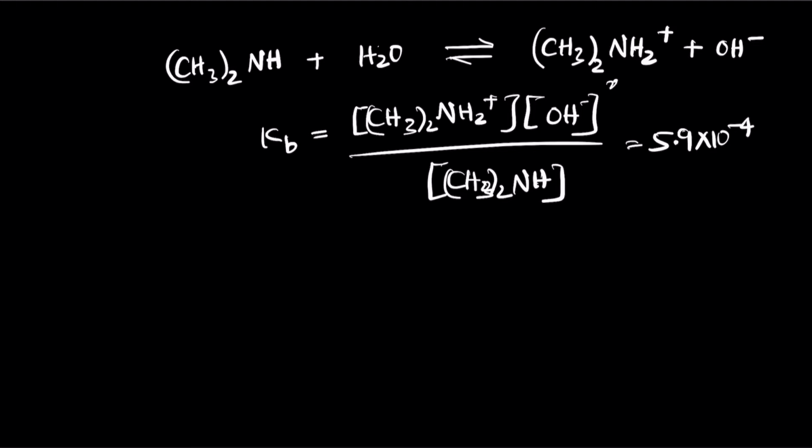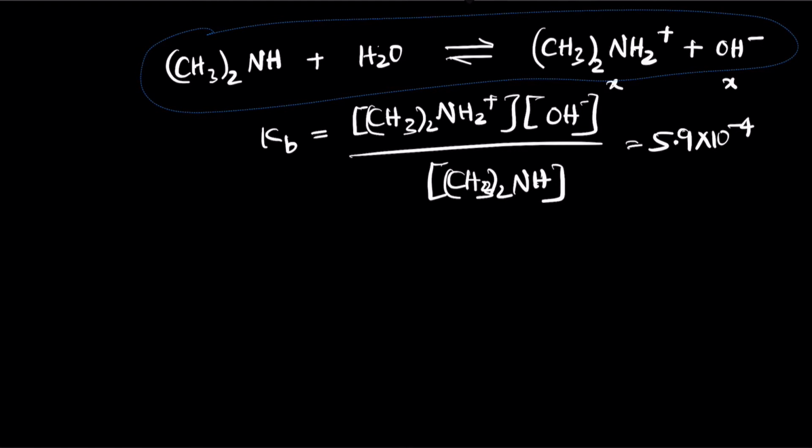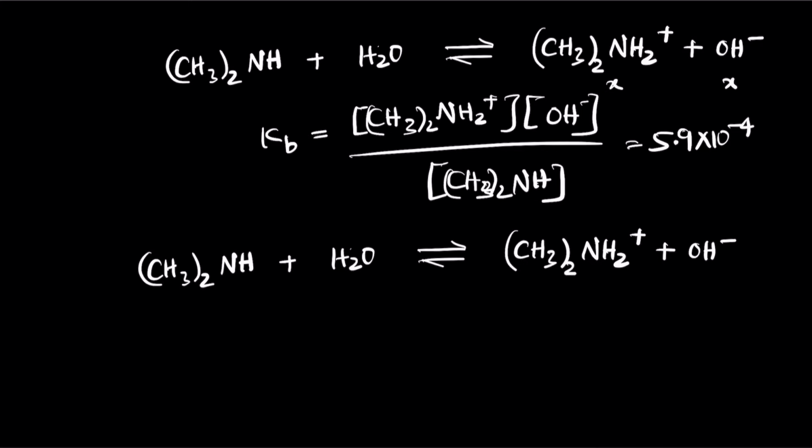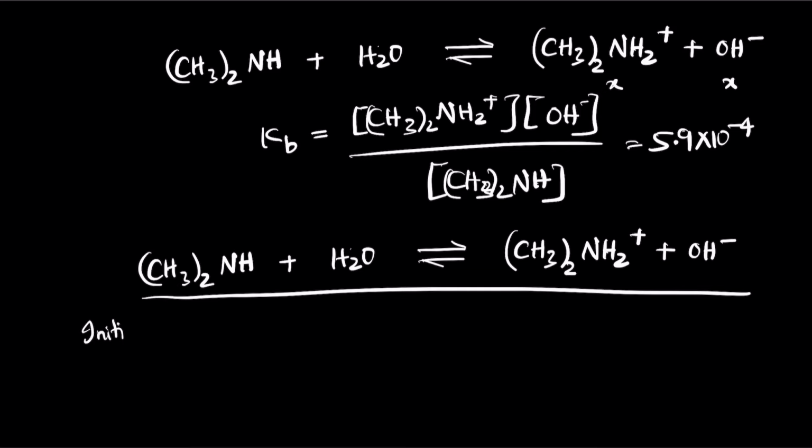So if we consider this as x and x each, and the initial concentration is given right here, let's write down the reaction table: initial, change, equilibrium. The initial value here is given as 1.5 M.